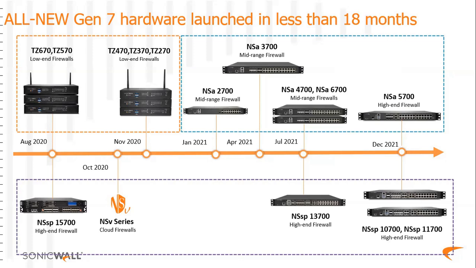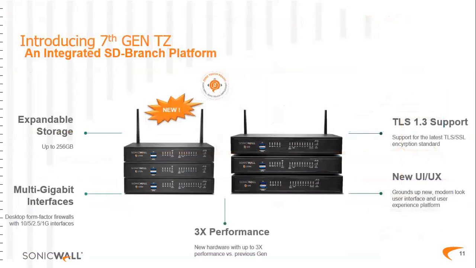In July 2021, we launched the NSsp as well as the NSA firewalls, which are 4700 and 6700, as well as the NSsp 13700. In December 2021, we also launched the NSA 5700 high-end firewall, and then the NSsp high-end firewalls, 10700 and NSsp 11700 series. Okay, this is all the firewalls.